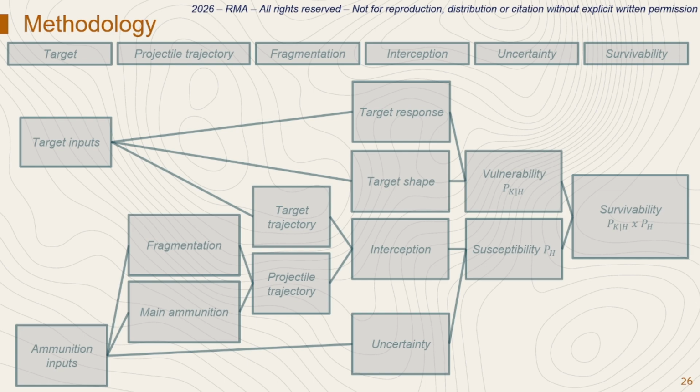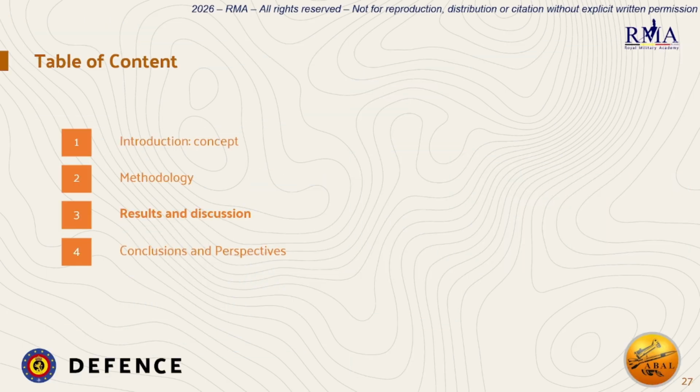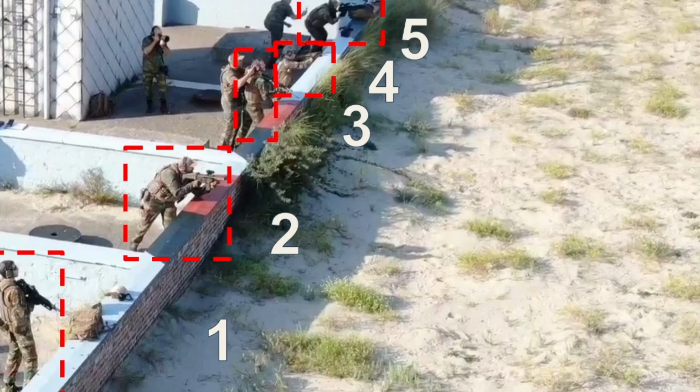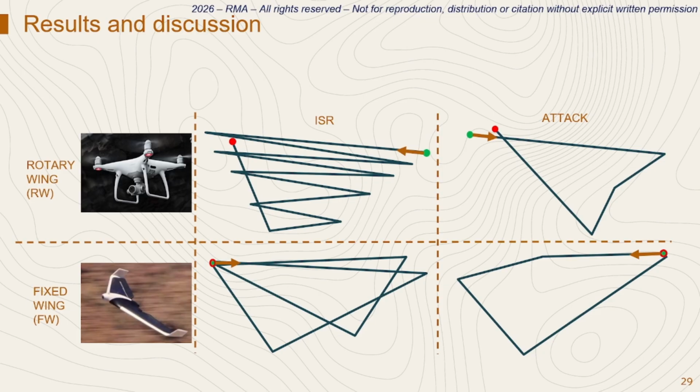So this slide shows you that all the boxes are now grayed out, which means we have all the tools in hand to apply our methodology. So let's dive into the experimental case. 5 operators were tasked with neutralizing several inbound targets, and the flight patterns those targets ran are these ones.